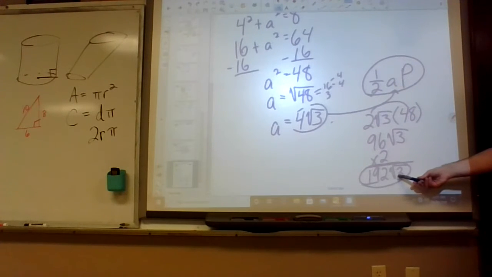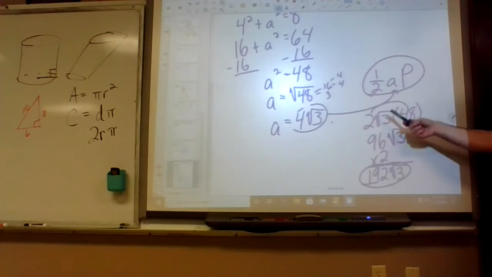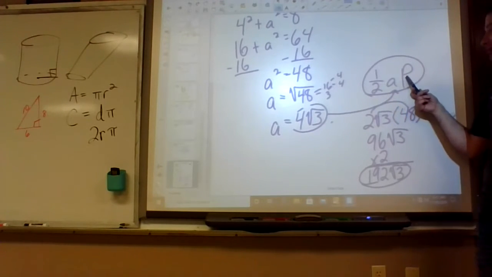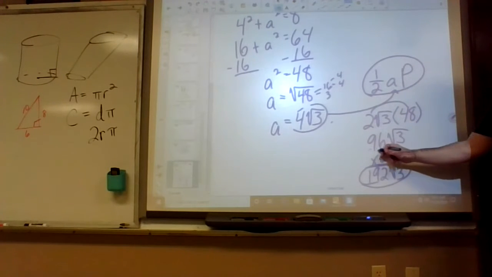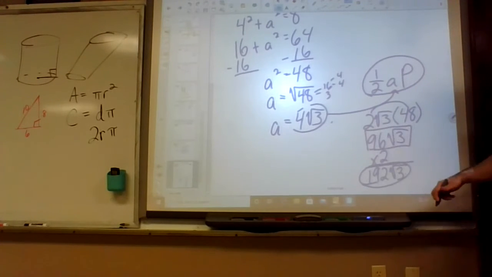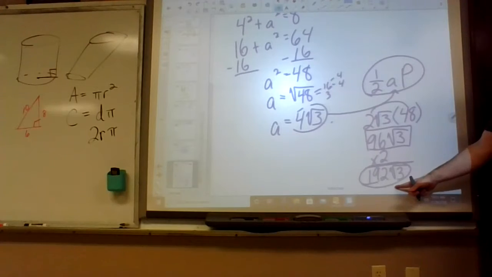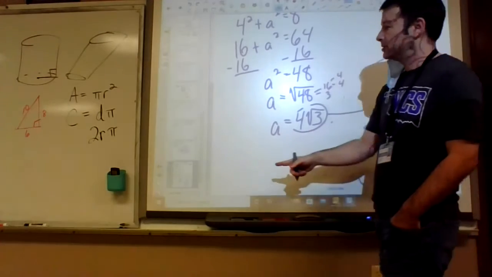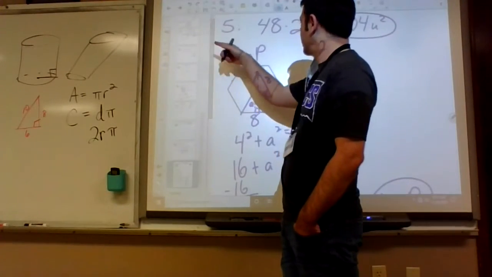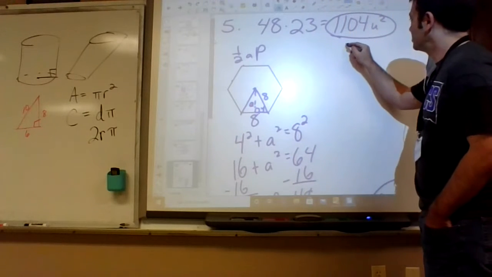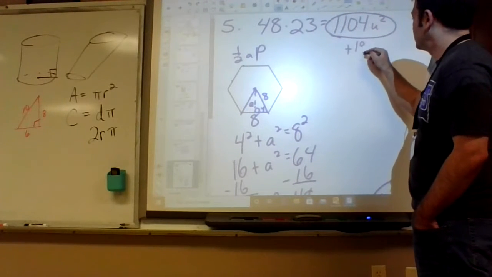So that would be the area of the 2 hexagonal bases. I did 1/2 times apothem times perimeter to give me the area of 1 hexagon. I did that times 2 to give me the area of 2 hexagons. Going back to the beginning. Don't you add those two together? Yeah.